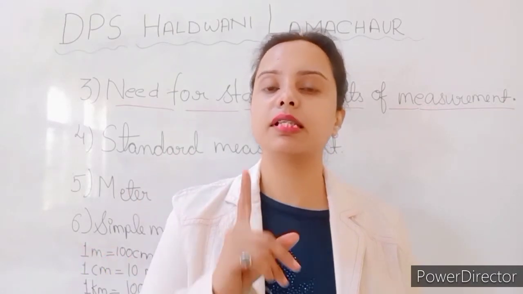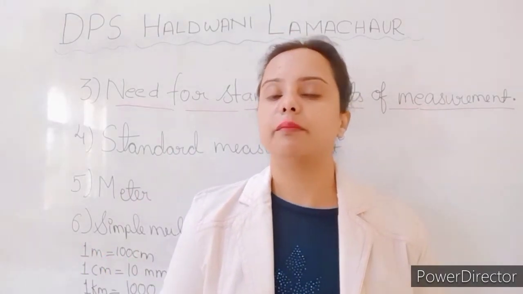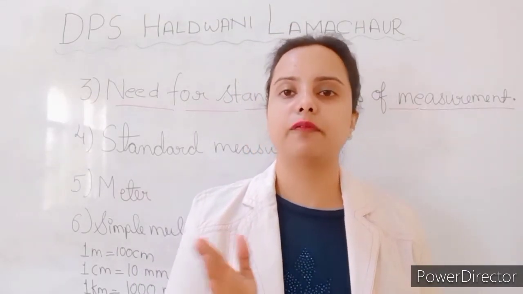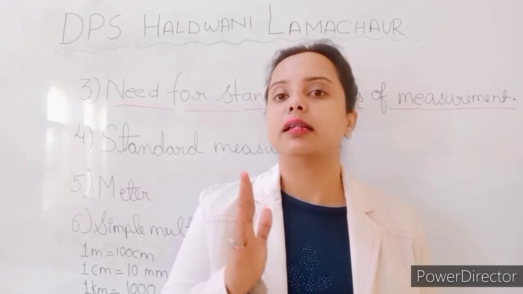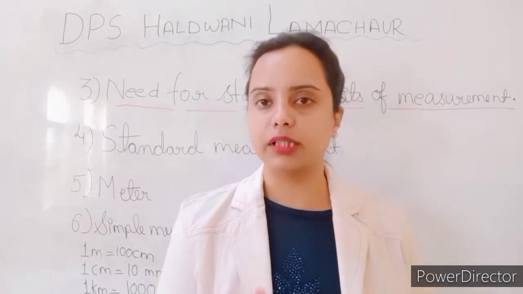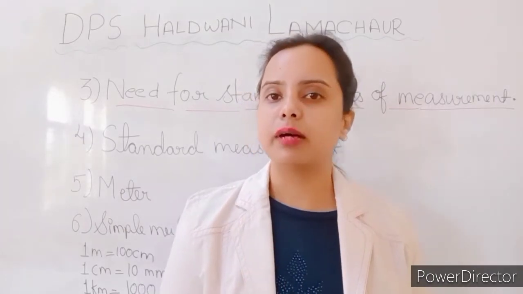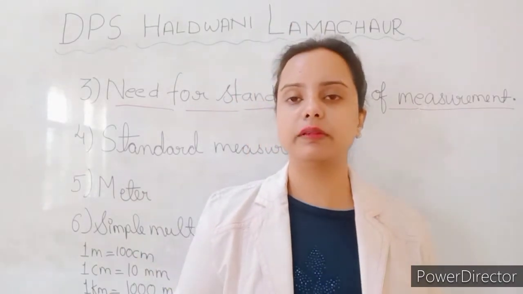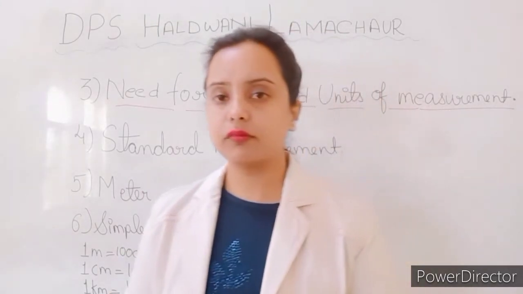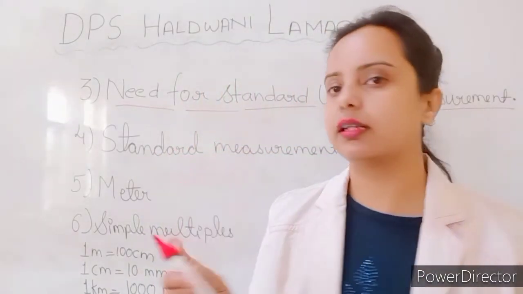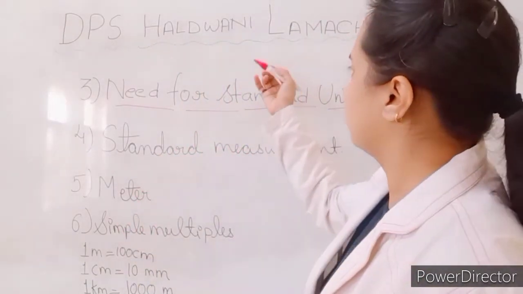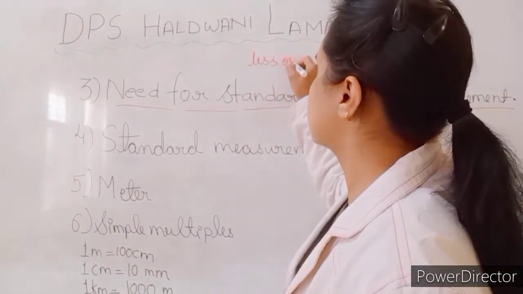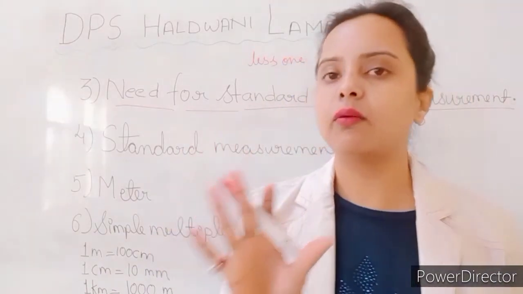Okay, if 2 or 3 persons take the measurement of that object by the conventional method, it varies. For example, if I am taking the length of this marker, then according to me it is less than one hand span.